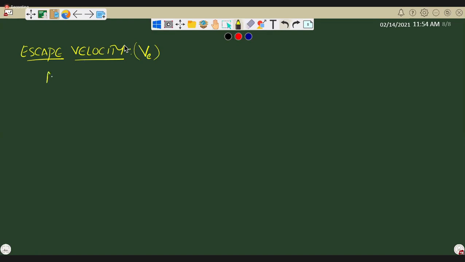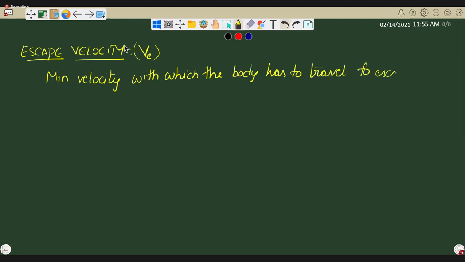Escape velocity is defined as the minimum velocity with which the body has to travel from the surface of the earth to escape the gravitational field strength of the earth.